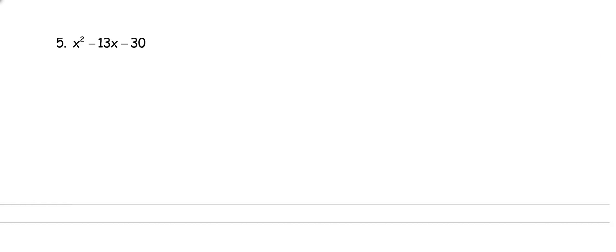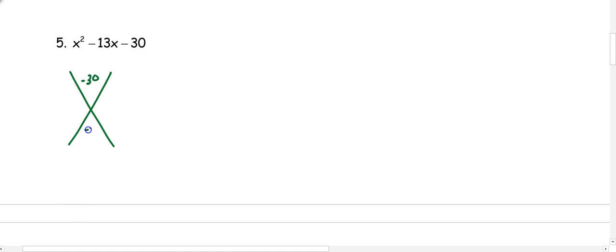Our last example, x squared minus 13x minus 30. So we need two numbers that multiply to negative 30 and add to negative 13. So two numbers that multiply to negative 30, we could use negative 6 and 5. However, those don't add to negative 13. So we need to try a new combination.